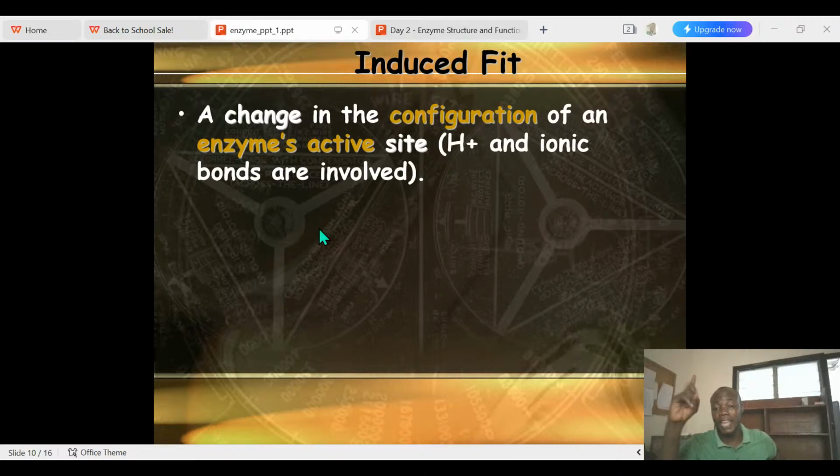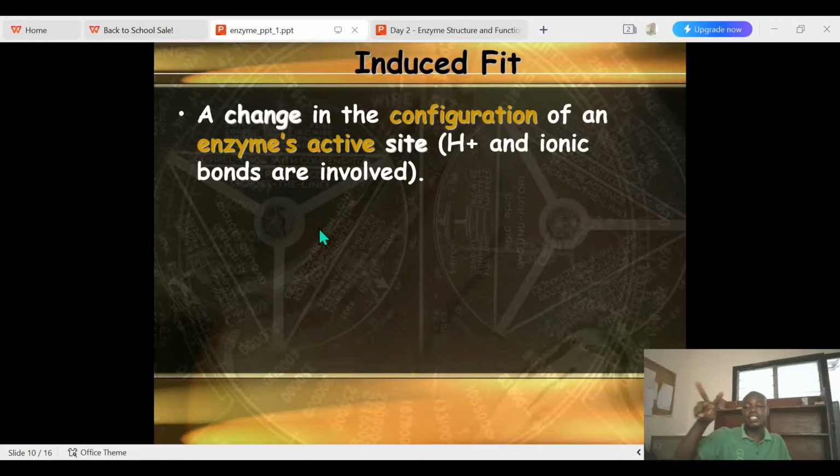For example, the active site is divided into two. We have what we call catalytic sites and binding sites. A binding site is a site where the substrate binds, and they are all in the active site. And the catalytic site is a region in the active site that catalyzes the substrate after binding.